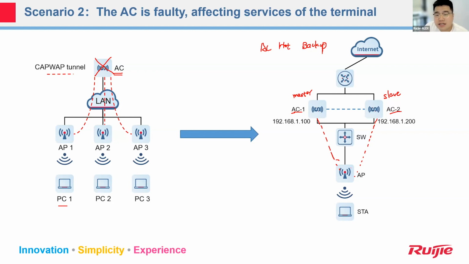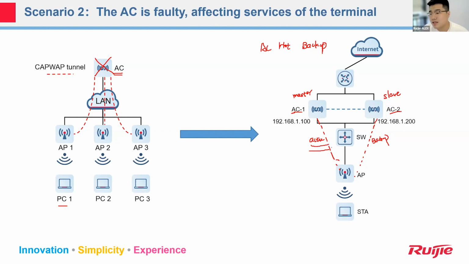The CAPWAP tunnel between the AP and the master AC we call the active CAPWAP tunnel, and this is the backup CAPWAP tunnel. And normally, all the traffic will go through the active one.